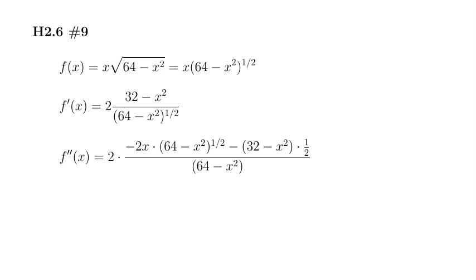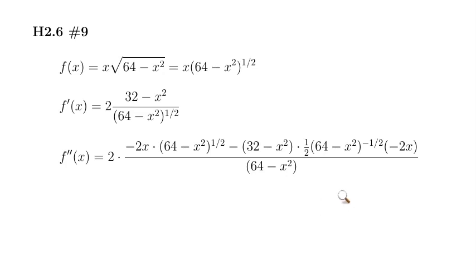Then subtract 1 from the power, so it's going to be a negative 1/2. And then multiply by the derivative of the inside function, which is a negative 2x. So we got this yucky expression here. Let's simplify.